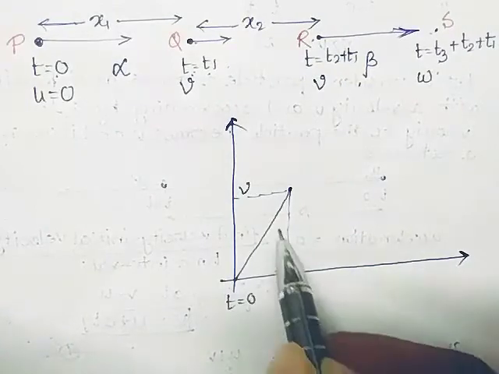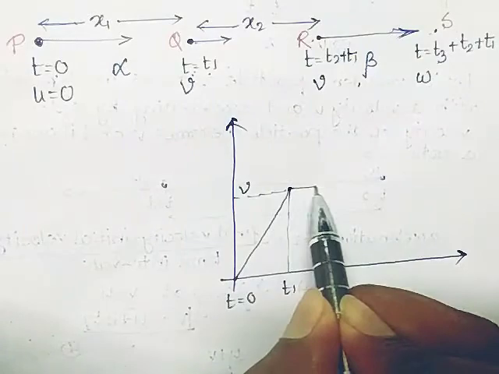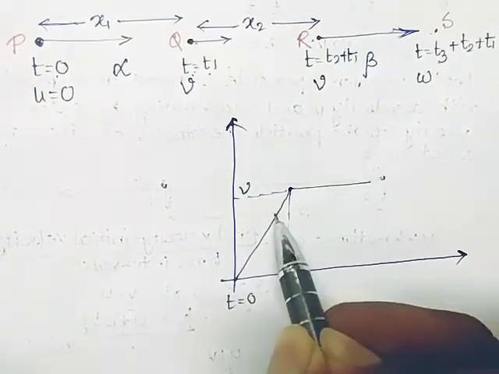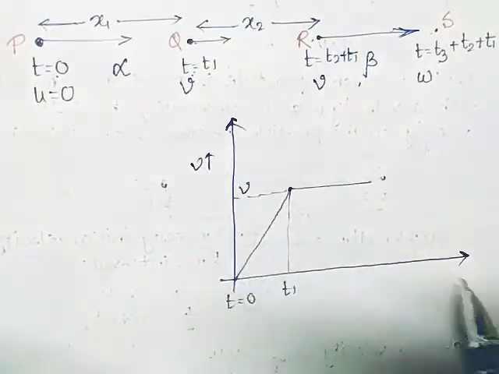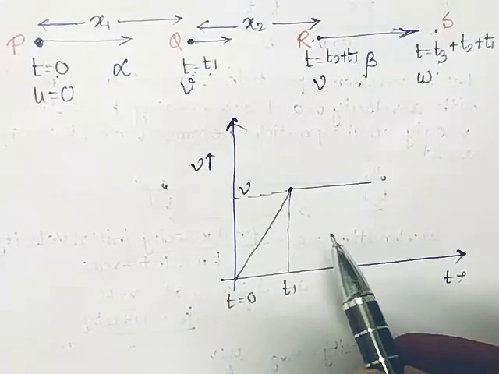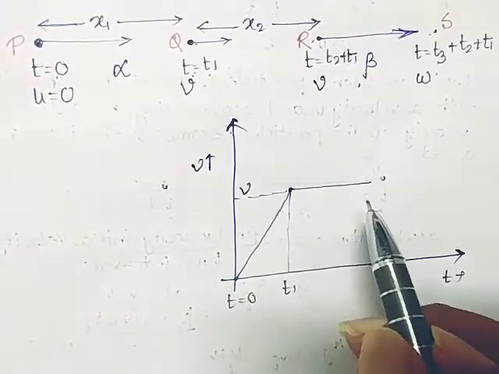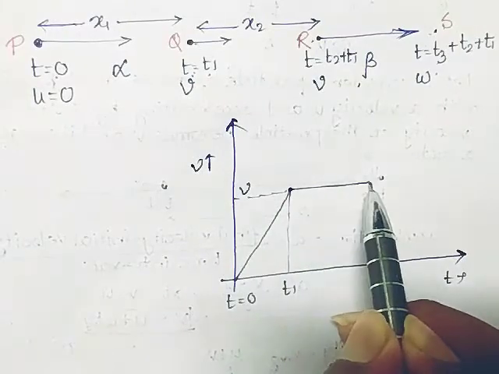At time t1 the velocity achieved by it is v. Then it moves with the same velocity, no change in velocity, because the slope of the velocity versus time graph is 0. No acceleration, the velocity remains constant.